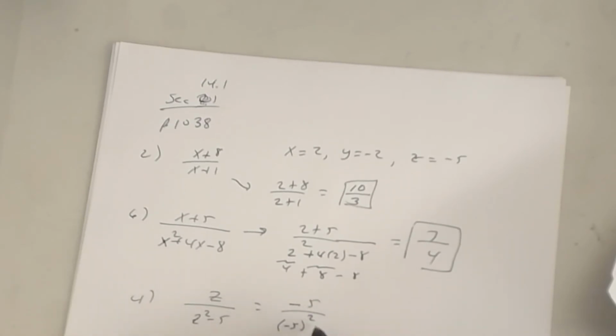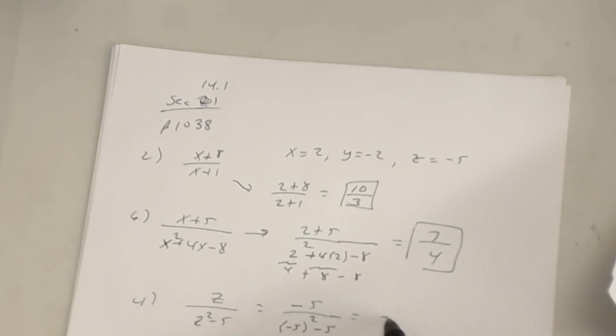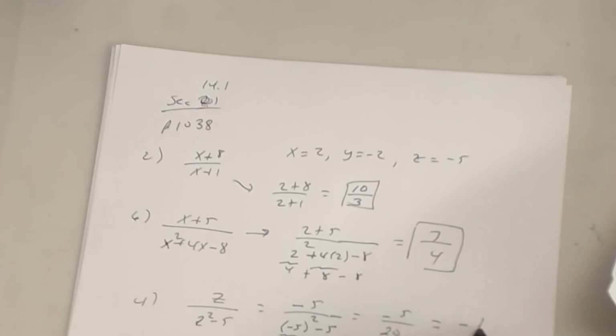So I'm squaring it, and I'm subtracting 5. So my numerator is negative 5. My denominator, what's negative 5 squared? And what's 25 minus 5? 20. And then reduced, negative 1/4. Okay?